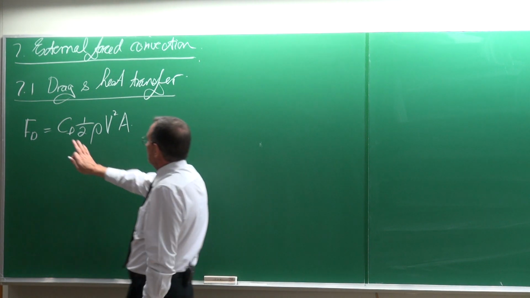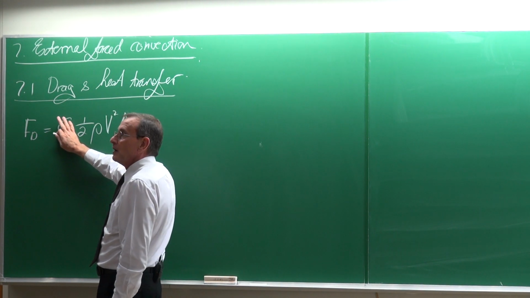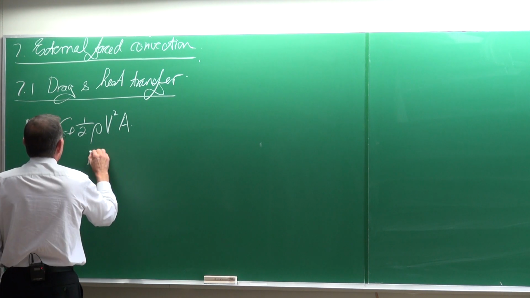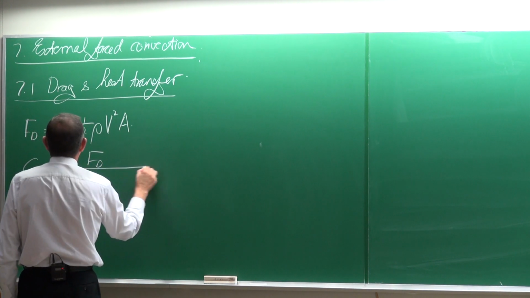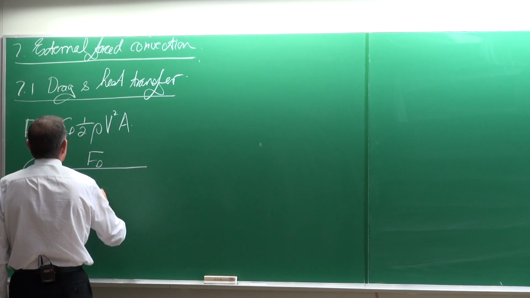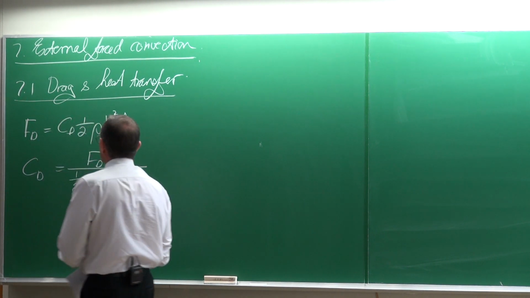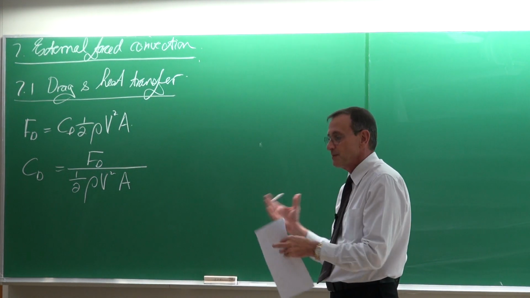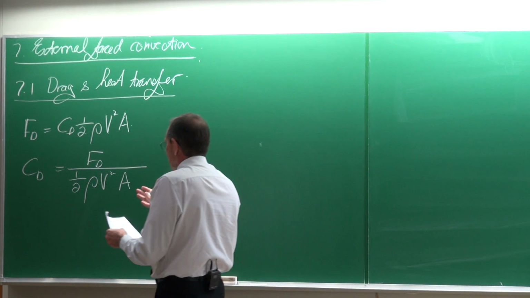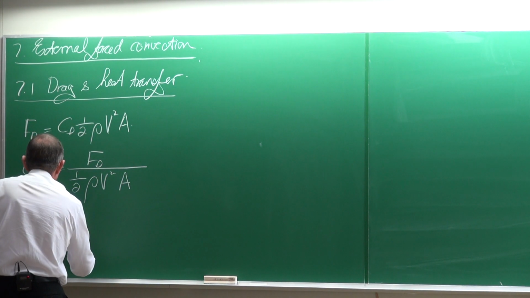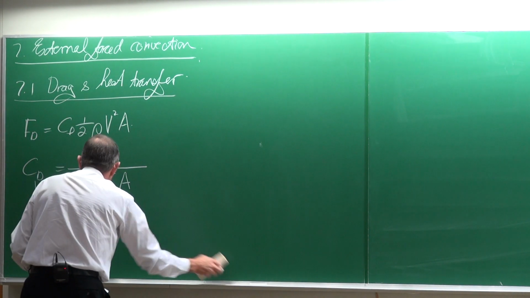Where do we get this coefficient from? Well, from experiments. We would measure the drag force, and we would divide it by half rho v squared and the surface area. So experimentally.